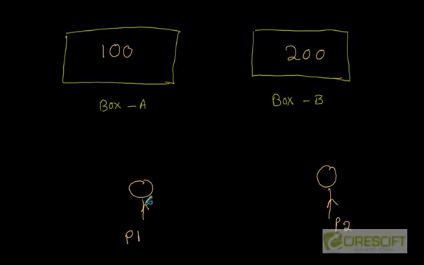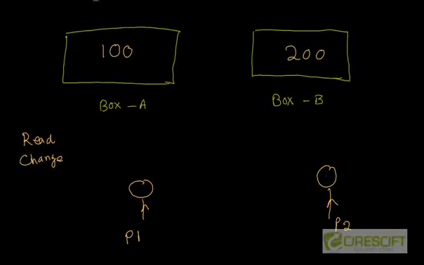What I'm saying is that both the person P1 and P2 go and read, then after you read, whatever value you get, you subtract that value with 10. So deduct 10 from that value.